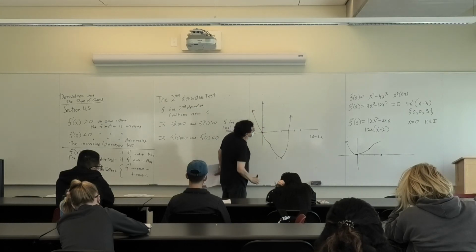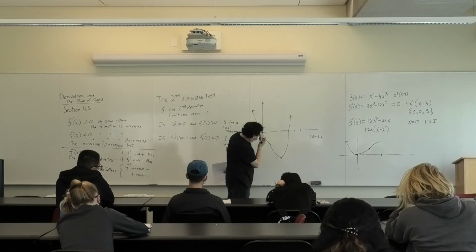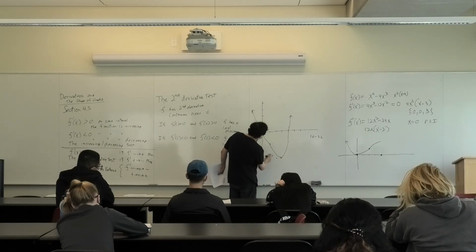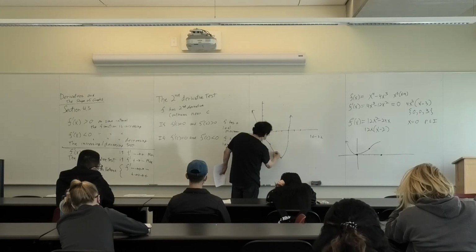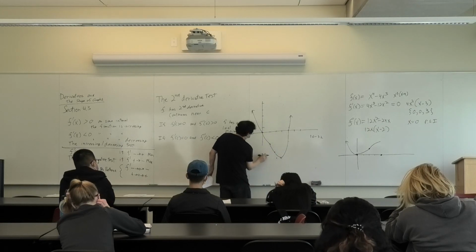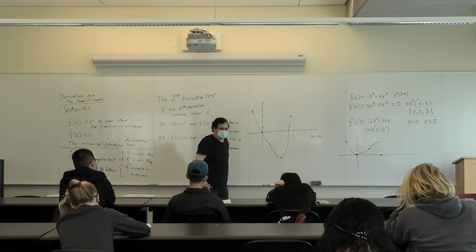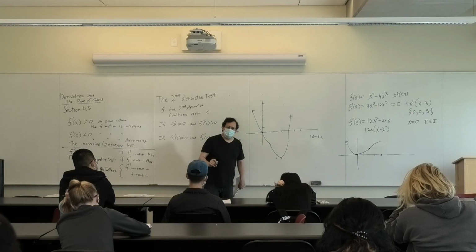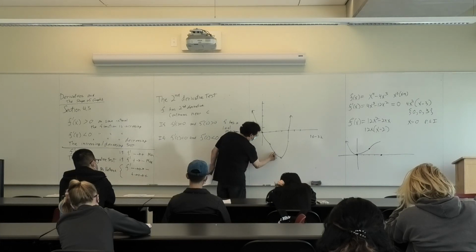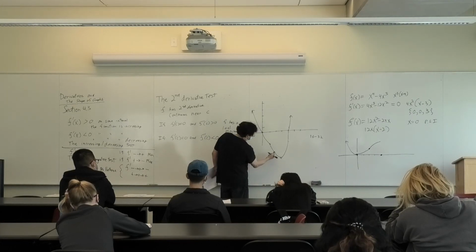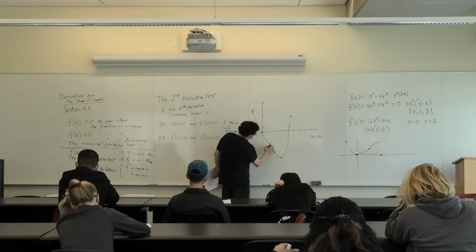Okay, so the question now is, what happens at 2? I don't think I have the artistic talent to draw it, but I think what happens here is you have a point of inflection.